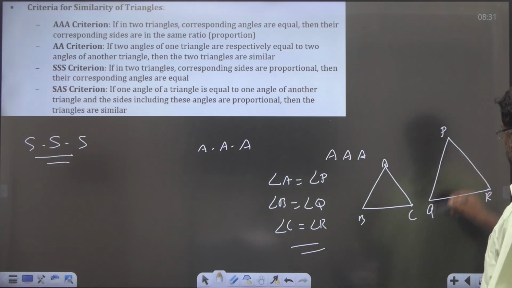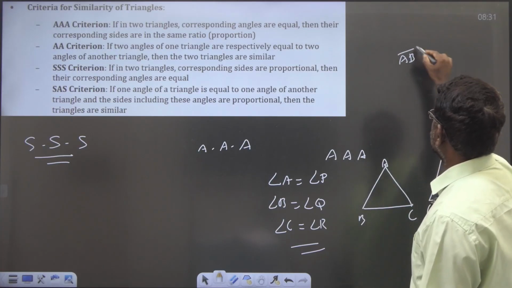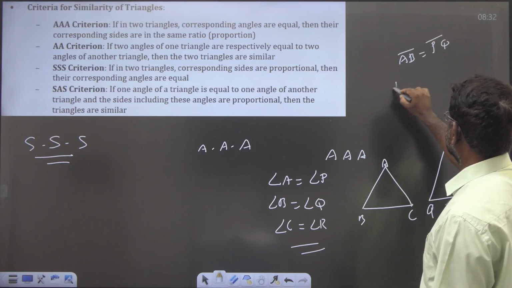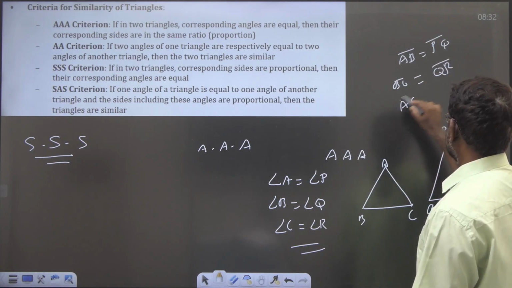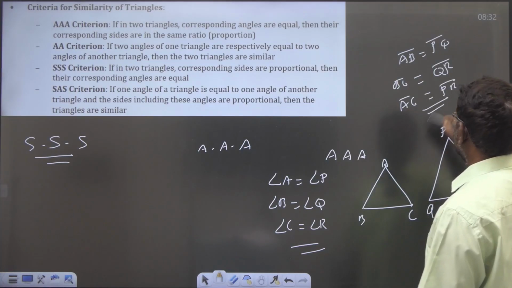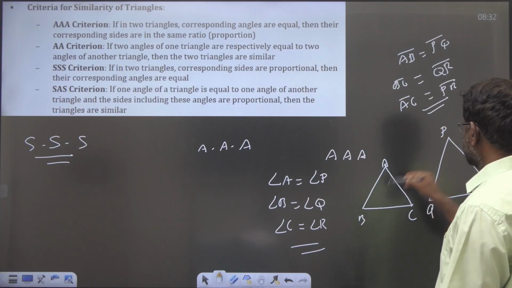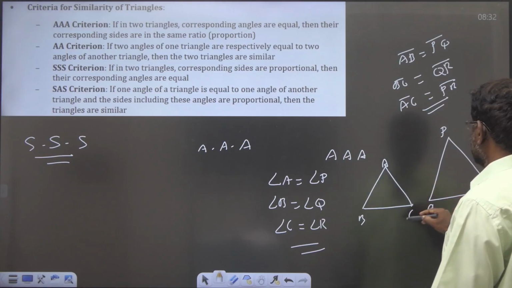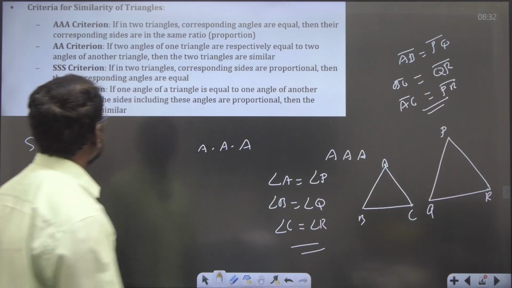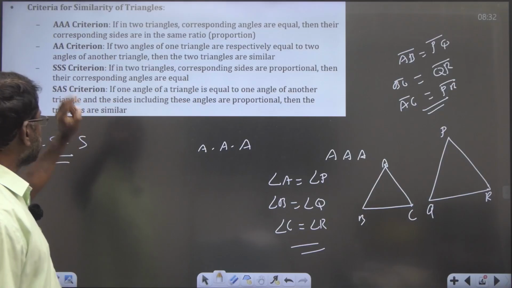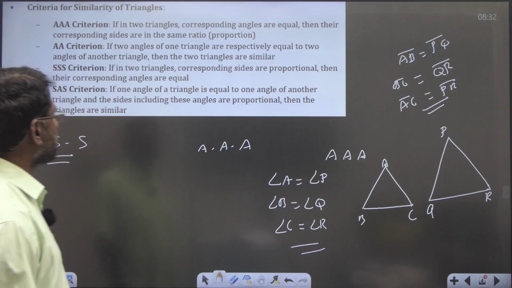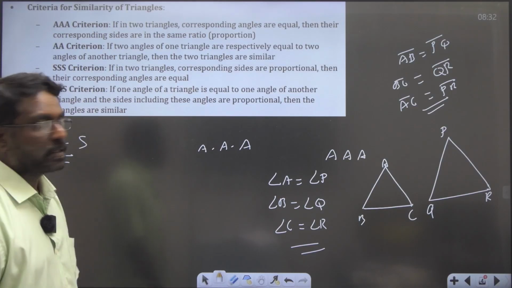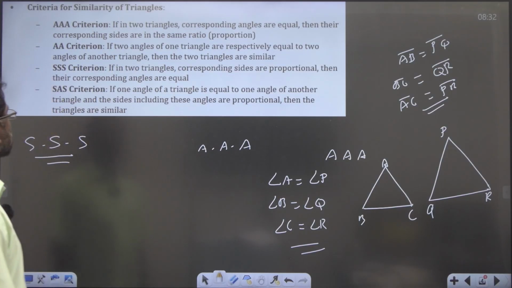If AB by PQ, BC by QR, AC by PR are equal, then we can say that the corresponding angles, that means angle A equal to P, angle B equal to Q, angle C equal to R. This is called SSS, side, side, side. If in two triangles corresponding sides are proportional, then their corresponding angles are equal. That is the SSS criterion.